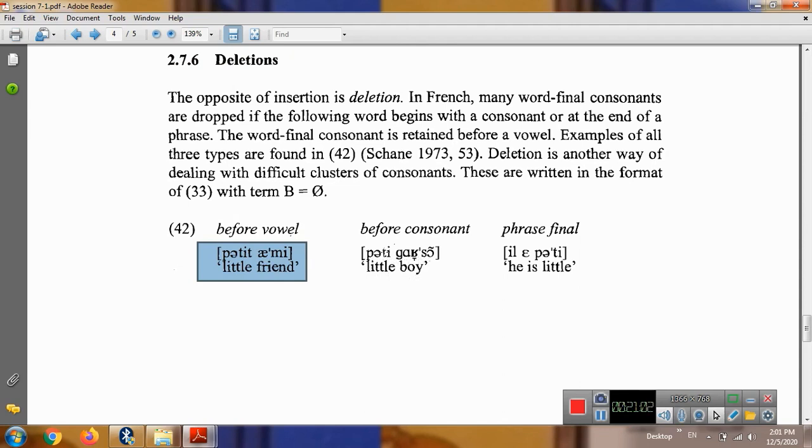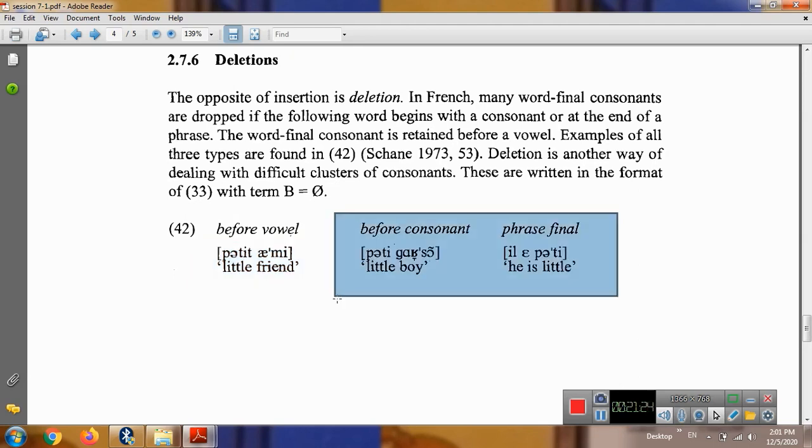Petit garçon, where this final T is deleted. And here the phrase final: Il est petit means he is little. Here again we have the deleted form of petit at the end of the phrase and before the consonant. This final consonant is deleted, but when this final consonant is followed by a vowel, we don't have any deletion.